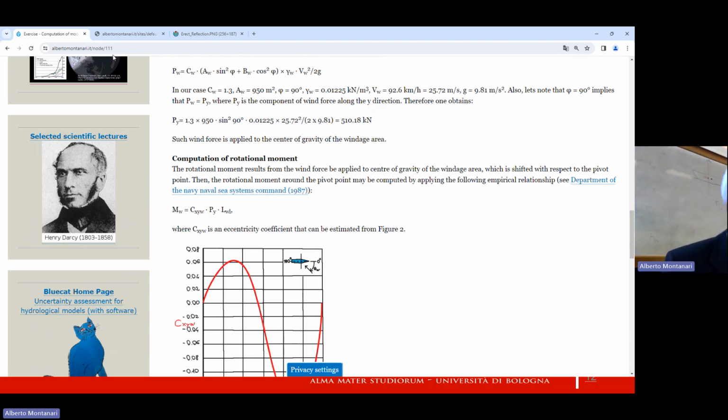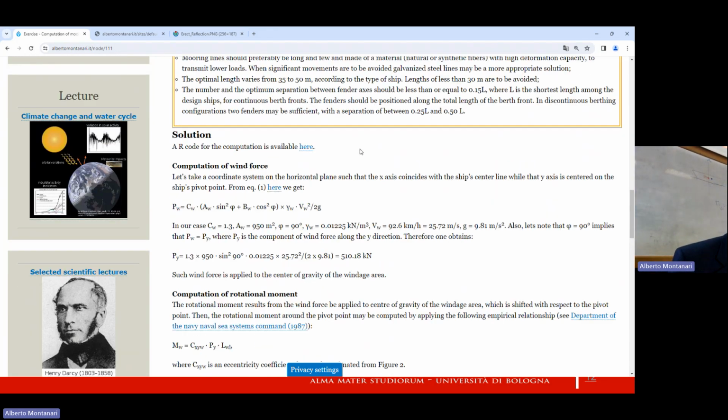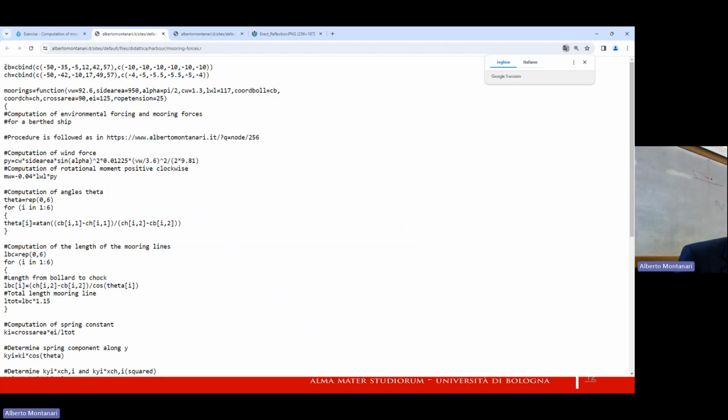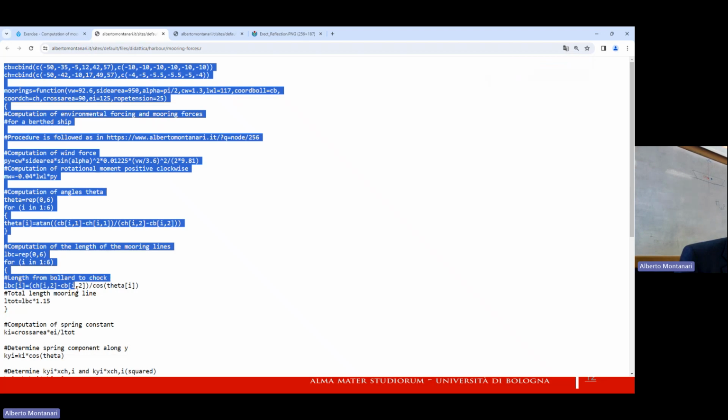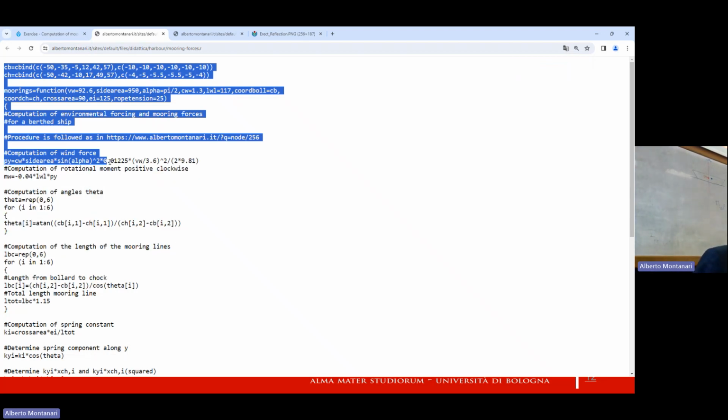Let's get the code. The code is here, as you may remember, and we got up to here: computation of the wind force. Let me copy and paste this.